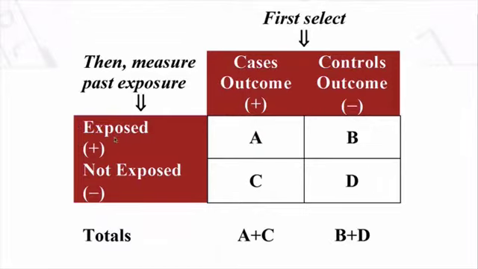So, as always with the 2x2 tables, I just want to point out this is the simplest of cases, right? Because it is not always so clear that we have a dichotomous or binary exposure where someone is absolutely exposed or absolutely not exposed.